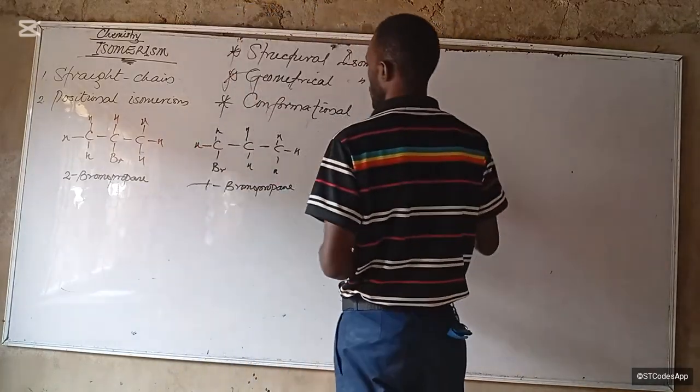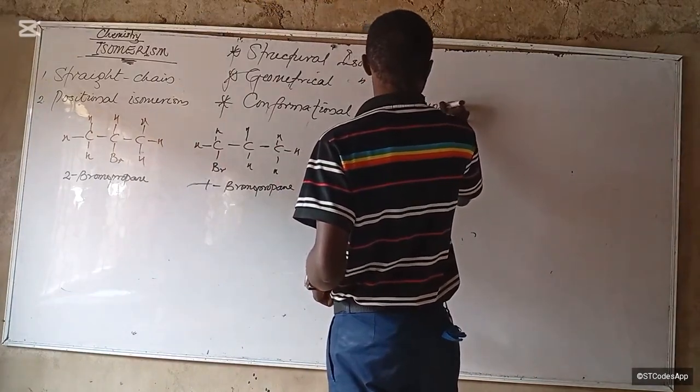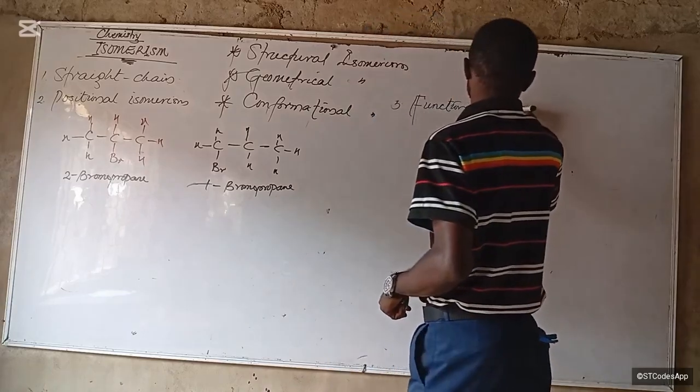Number 3 type is the functional group isomerism. The functional group isomerism.